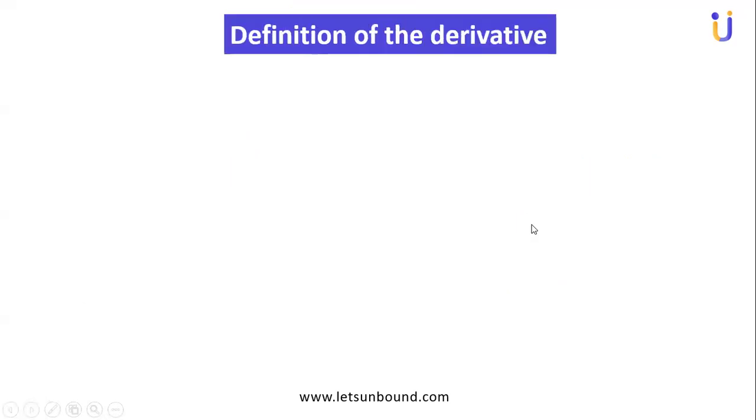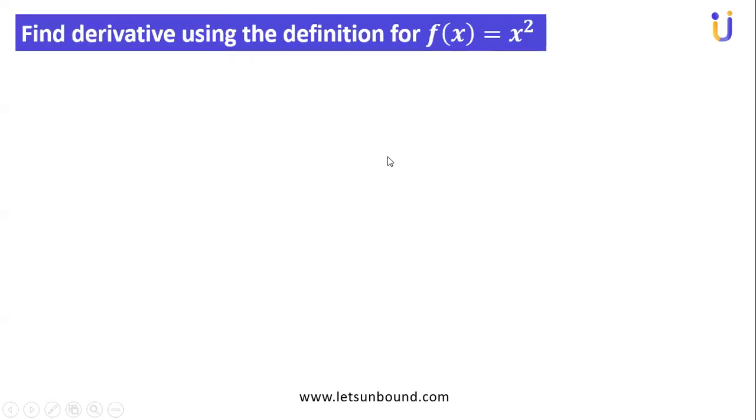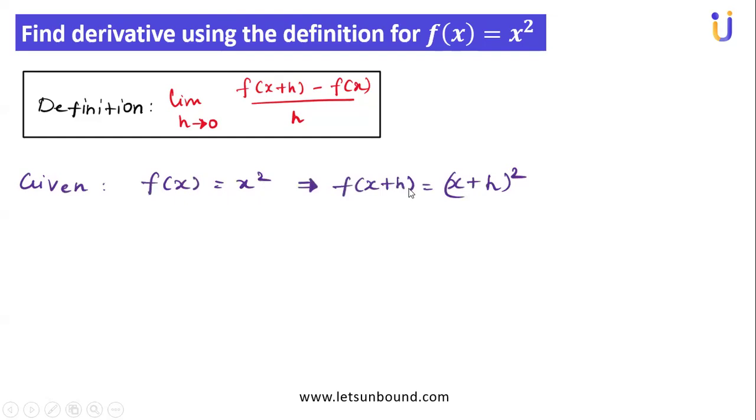Simple. Now, definition of derivative is a limit expression which looks like this. f dash of x is limit h tends to 0, f of x plus h minus f of x by h. Right? This is what we did. Instantaneous rate of change, right? And one quick example, find the derivative using definition for this. So first you write the definition, then h tends to 0. You have to find the numerator expression. f of x is x square, f of x plus h is x plus h the whole square.